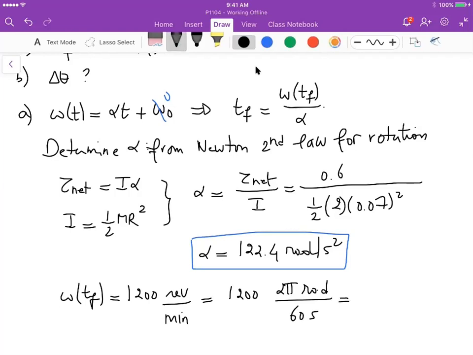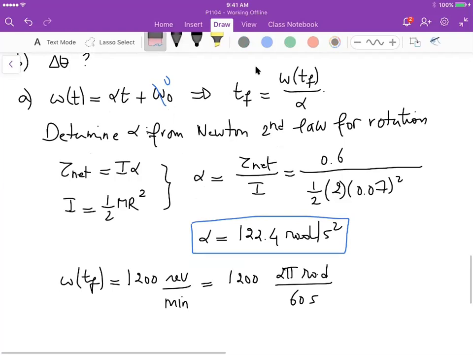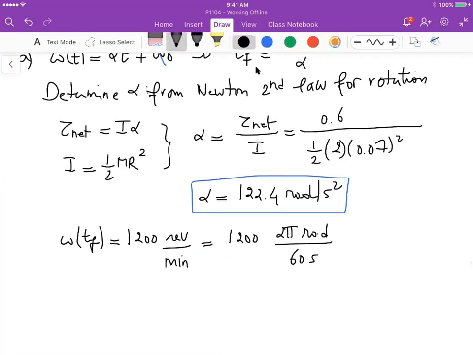And so we end up with the value. I didn't apply the value here, so let's do it right after. Finally, the time t final is given by omega at t final over alpha.